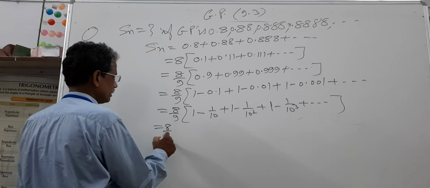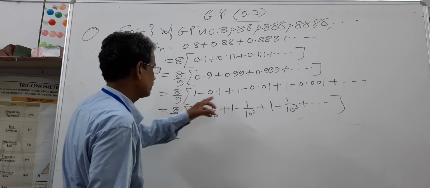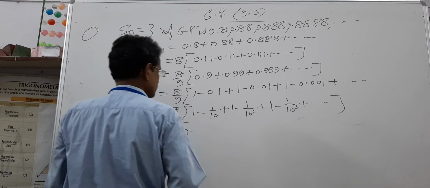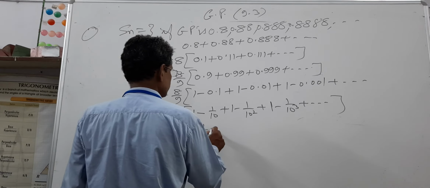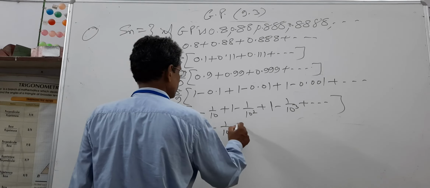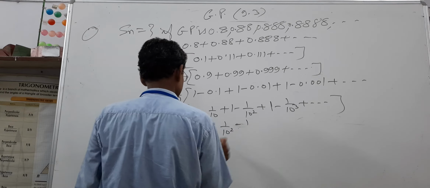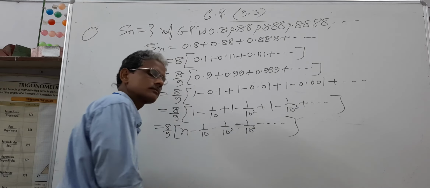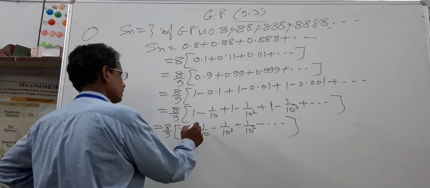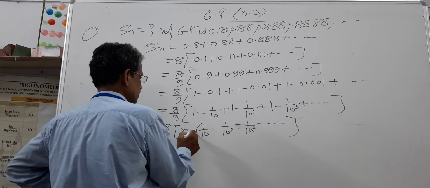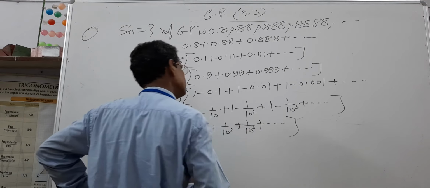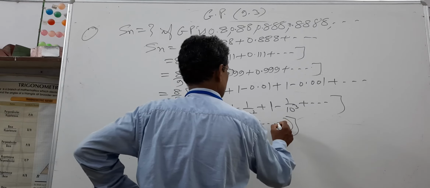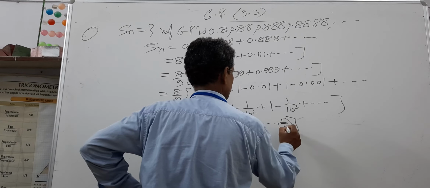This becomes 8 by 9 into [1 plus 1 plus 1 n times, which is n, minus 1 by 10 minus 1 by 10 square minus 1 by 10 cube and so on]. Take the minus sign common, then it becomes all plus, up to 1 by 10 power n.